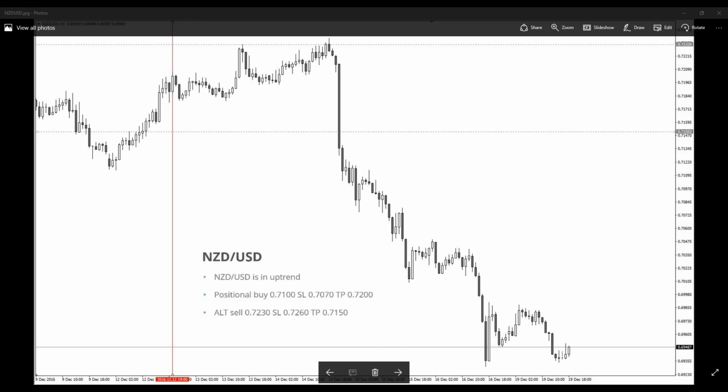So if you shorted it where I told you to, it's 72.30, you see, 72.30 to the pip, guys. I mean, this was one of the best trades. Euro Dollar was better, but guys, New Zealand dollar was awesome also.